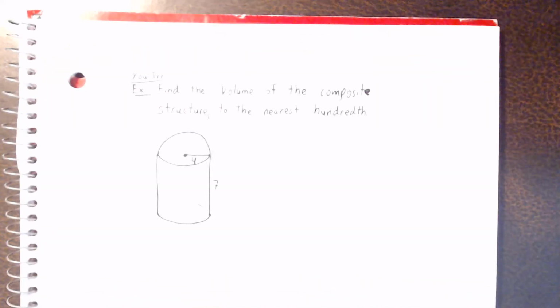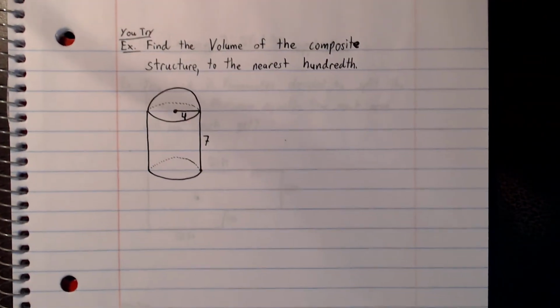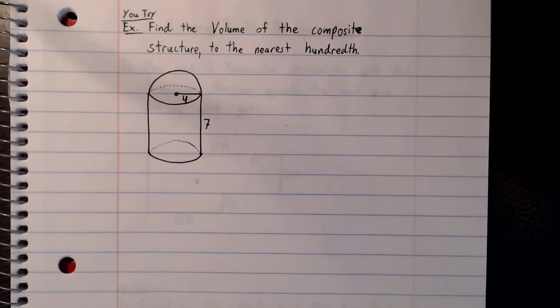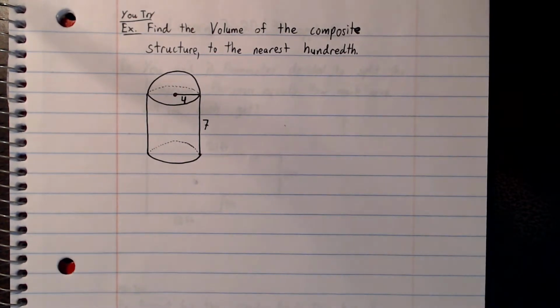There's one problem here for you to try on your own, and I'm going to give you a quick heads up. It's a composite structure. So what I want you to do is find each piece individually and then add those two volumes together, just like you would with a composite area.